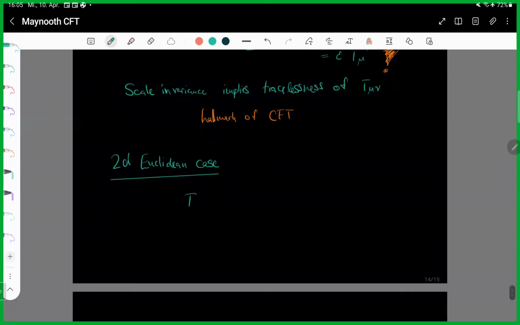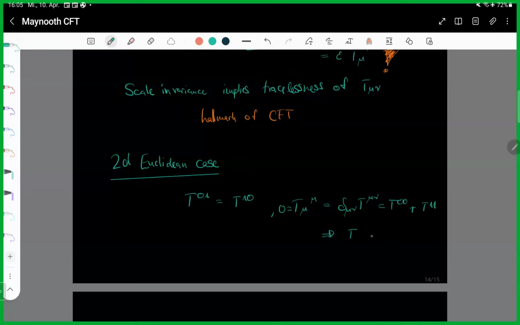So we have 2 dimensions. That means we have T0,1, and we know it's symmetric, so we know that this holds. We know that T mu mu, that's delta mu nu T mu nu, is T 0,0 plus T 1,1, and that's 0. So I learn that T 1,1 is the negative of T 0,0.